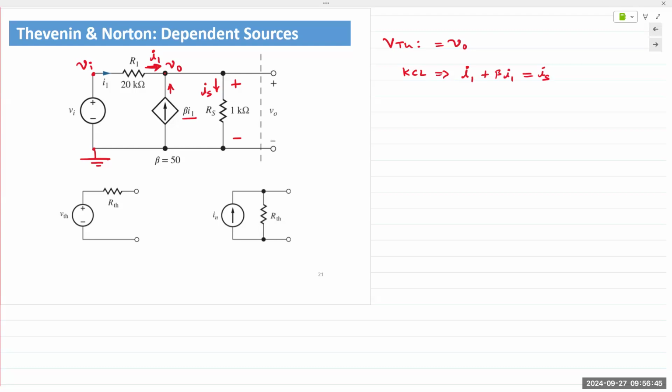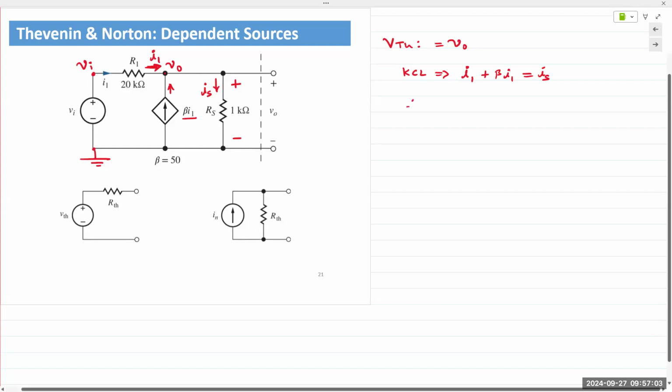If both points are the exact same electric potential, there is no current because the voltage is 0. One point has to be higher. So if current is flowing from left to right, that means the point on the left is higher than the point on the right. And so it's VI minus VO. So I1 would be VI minus VO divided by R1.